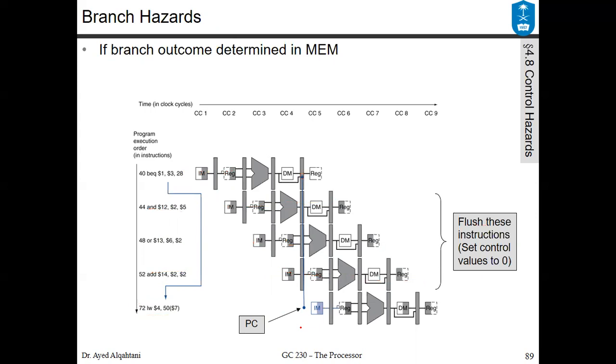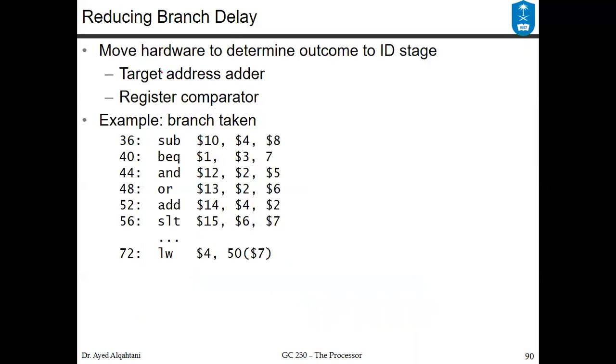So what we will do is move the hardware that determines the outcome to the ID stage. To do this, we need a target address adder. We need to move it back to the ID stage. And we also need a register comparator that we need to include. This is new hardware we need to include in the pipeline.